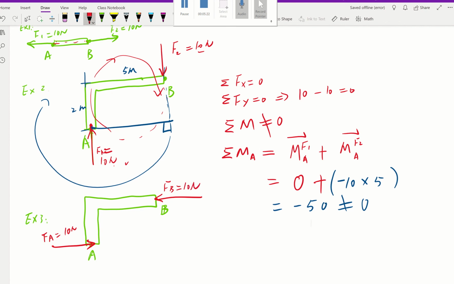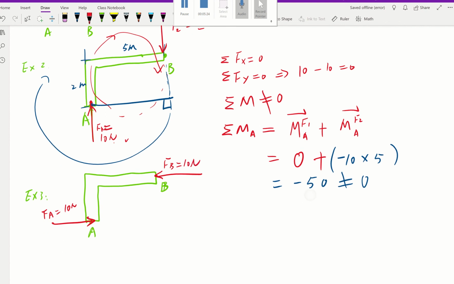It's equal and opposite. Would this be at equilibrium? Forces in the x direction: FA is positive 10 since it's going in the positive x direction, and FB is going in the negative x direction, minus 10. That equals 0, that's checked. Summation of forces in y: there are no forces in y, so that's equal to 0. That's checked. However, does this rotate?